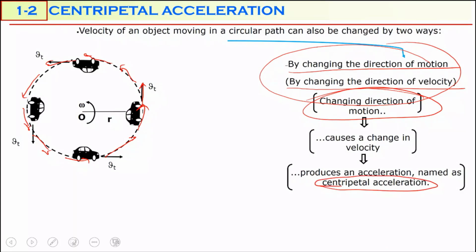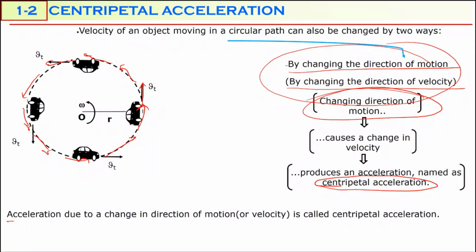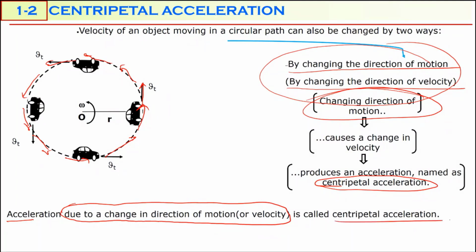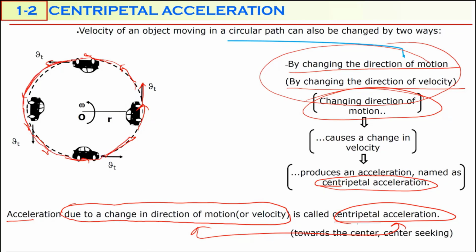That's why centripetal acceleration is defined like this. It is acceleration only due to a change in direction of motion or due to the change in direction of velocity. That acceleration is called centripetal acceleration. I am repeating, this car moving on this circular path is continuously changing direction of motion.